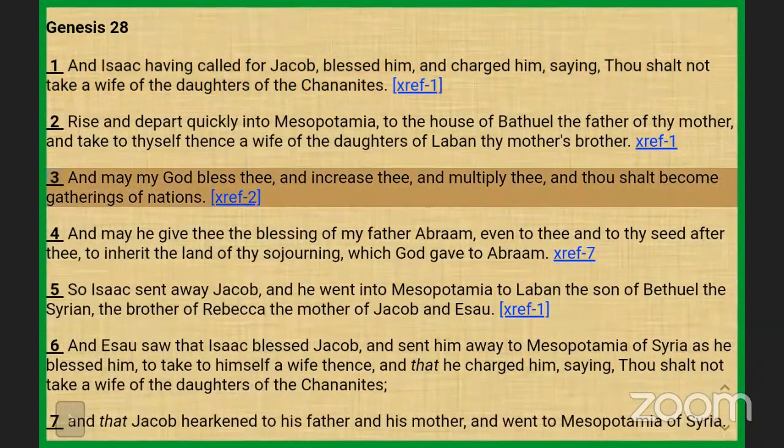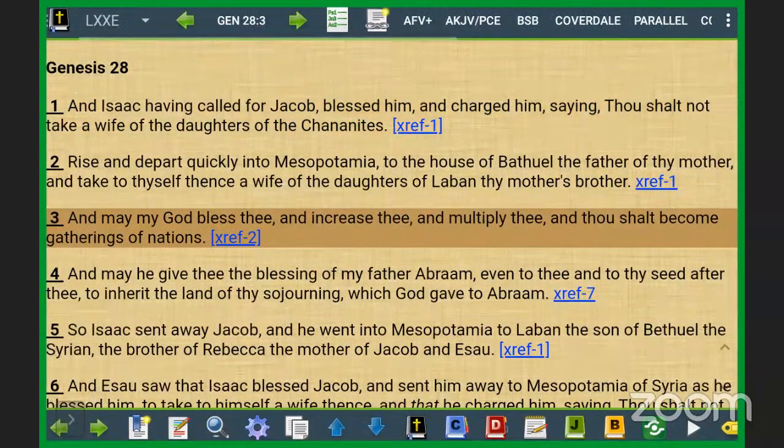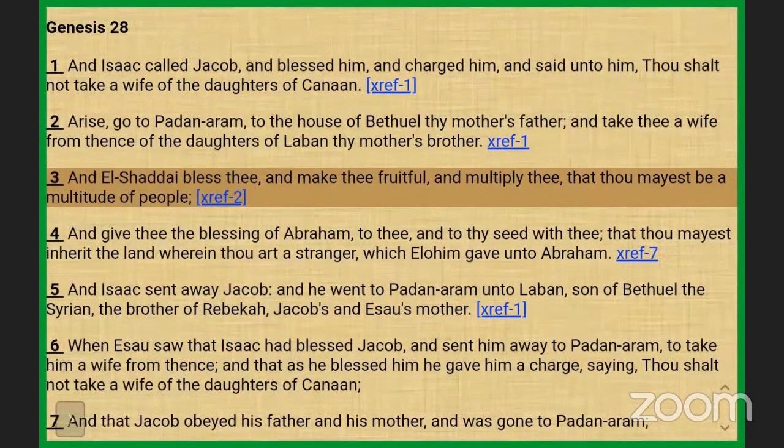For example here, Bereshith, Genesis 28 verse 3, in the LXX it says, "And may my Elohim bless you, present tense, bless you and increase you and multiply you, and you shall become gatherings of nations." So the major difference there, like I said, is my mighty one versus El Shaddai.